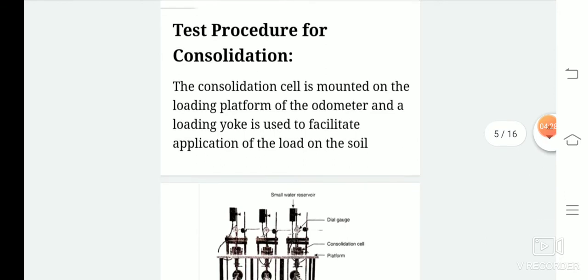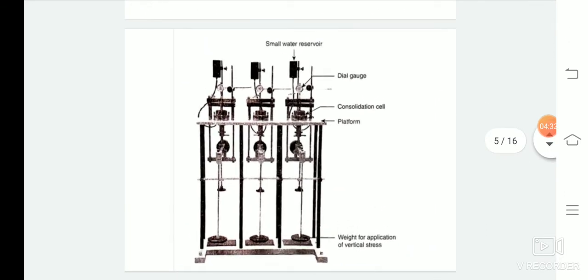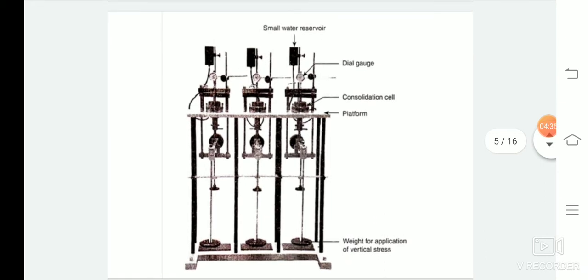In this figure, you can see the consolidation test apparatus, where the consolidation cell can be seen, and the platform can be seen. Actually, this is a figure of a 3-gang consolidation apparatus where 3 sets of consolidation tests can be done consecutively. So there is the small water reservoir and the dial gauge where the deformation can be measured. This is the consolidation cell, and there is the platform.